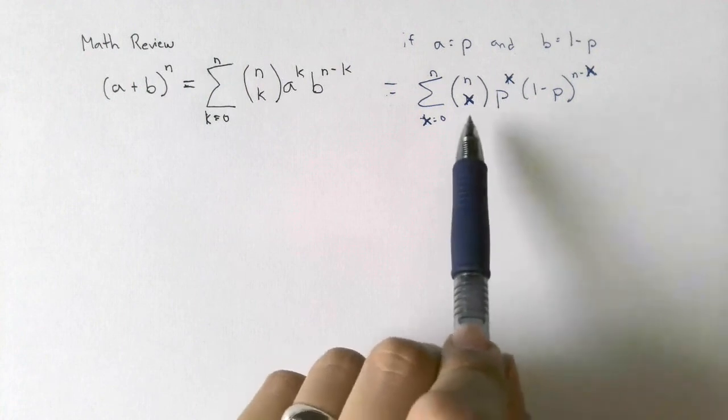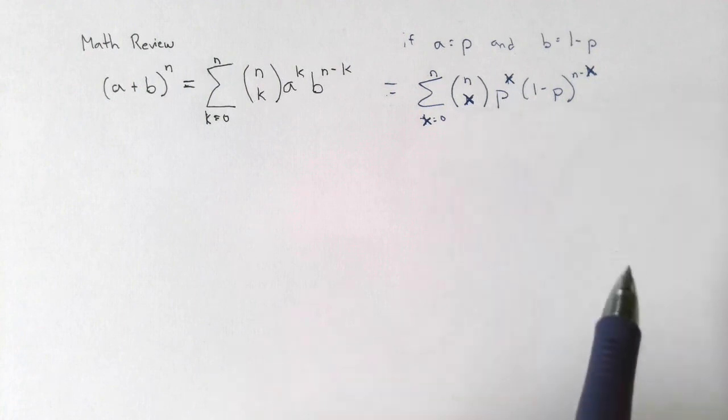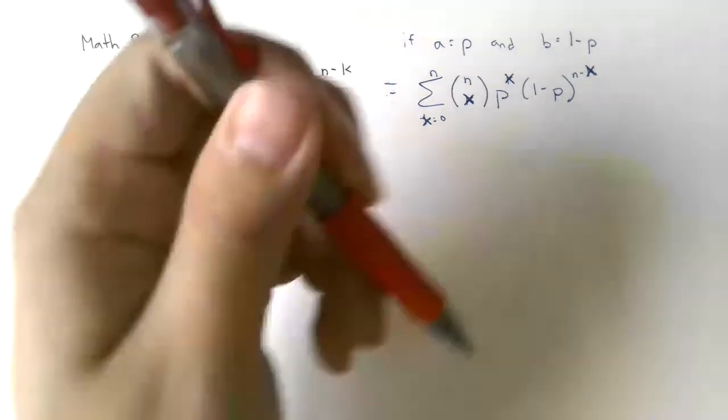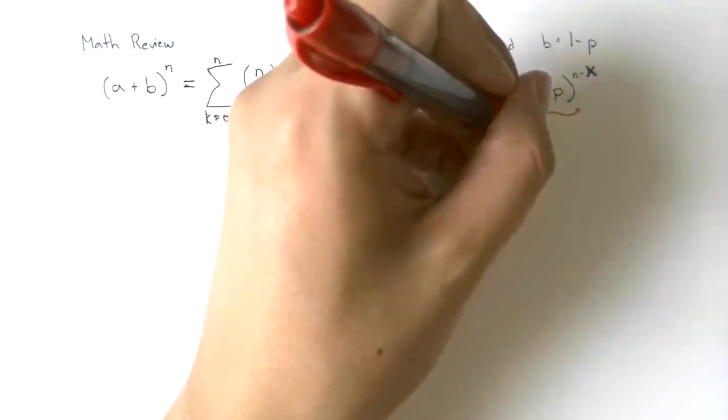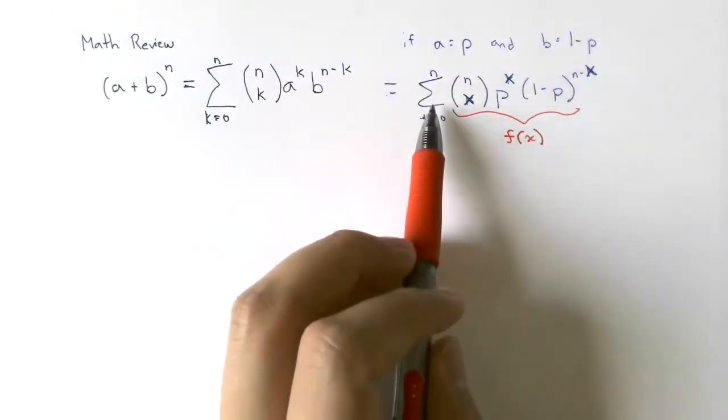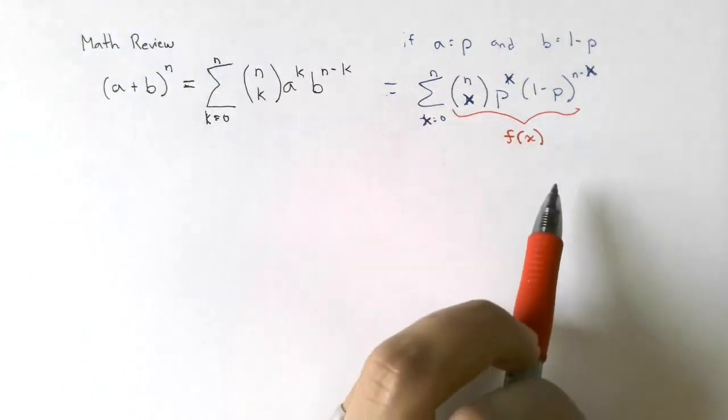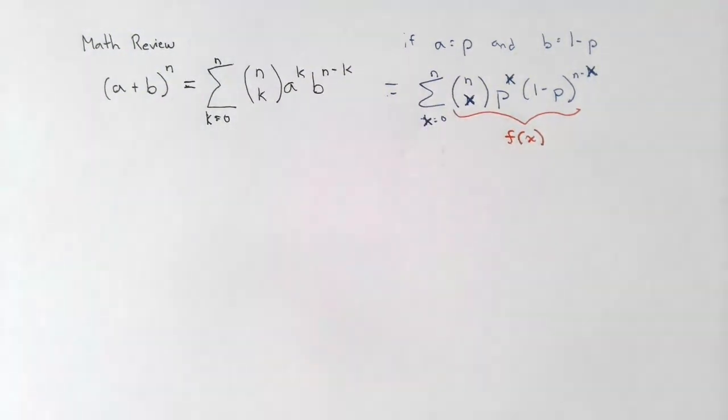Now, what is this? Well, this is my probability mass function. In other words, this part inside the sum is f of x. So what I'm doing here is adding up f of x for all of my x's. And if I add up all of the probabilities in my random variable, what should that equal?